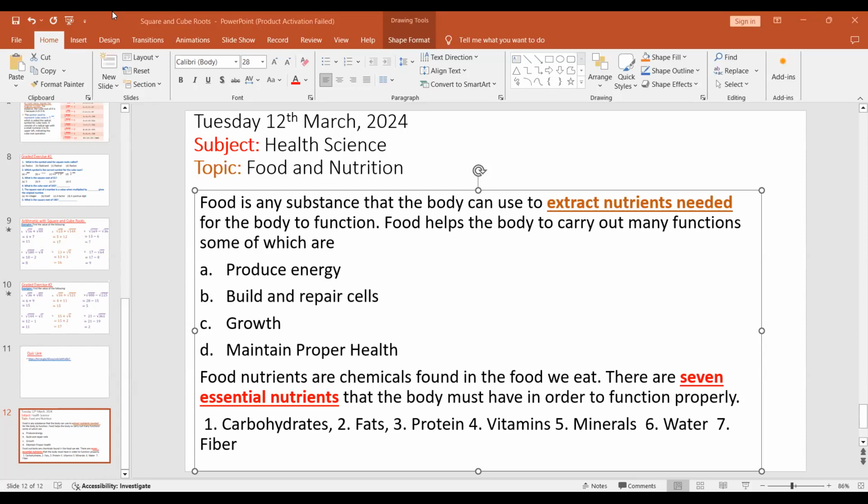Can't hear from Ajani. Dion, are you there? Give me one essential nutrient. Fat. Fats, very good. And Dior, give me an essential nutrient. Protein. Protein, very good. And China, give me an example of an essential nutrient. Carbohydrates. Carbohydrates, very good.